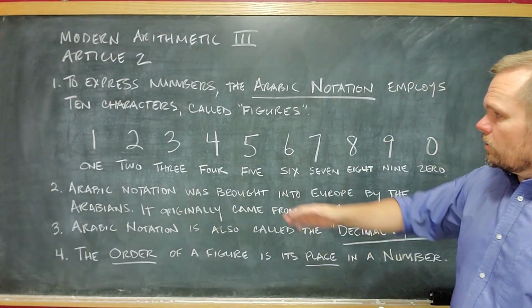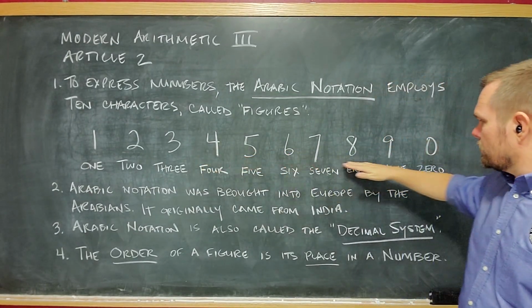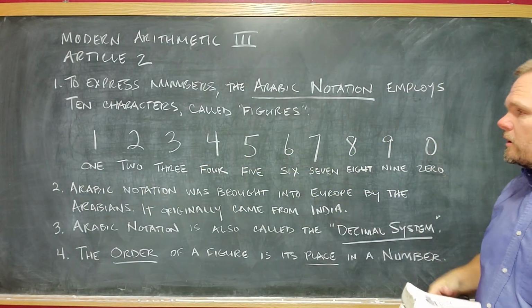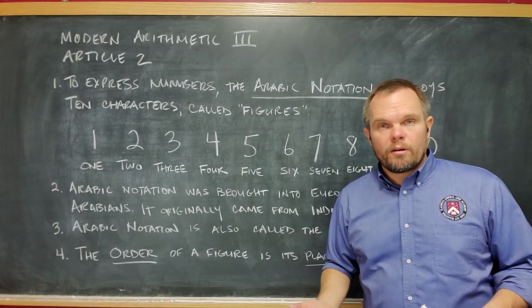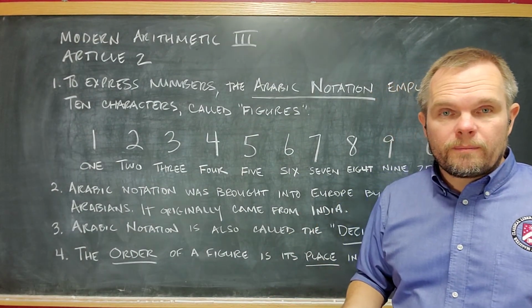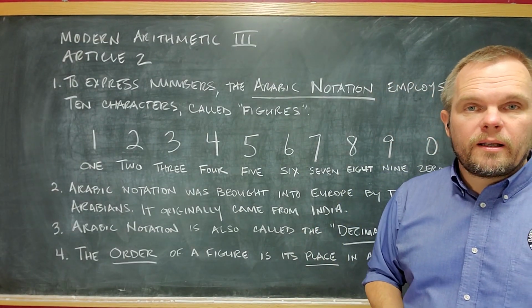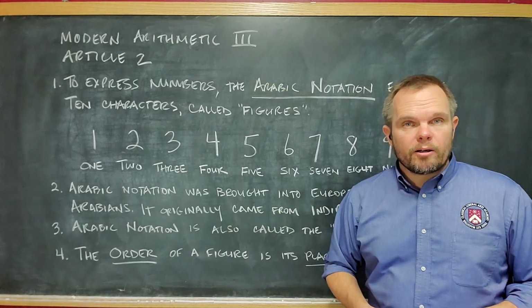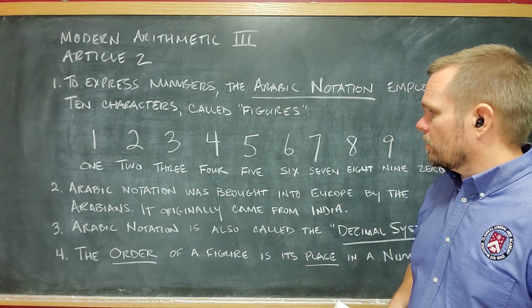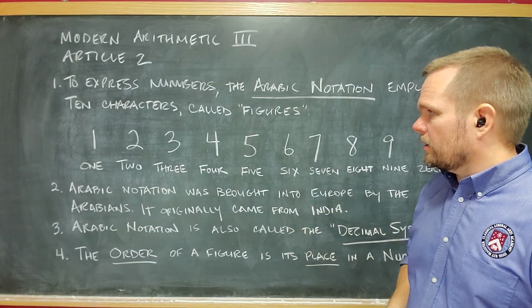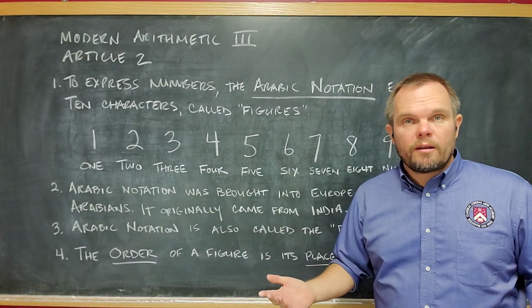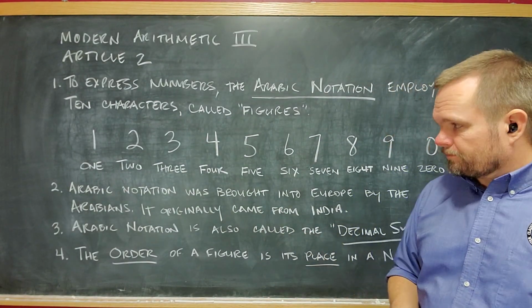Okay? So these 10 figures allow us to express any number in any language. And that's what's so important and useful about Arabic notation. All right? 10 figures can express any number in any language.